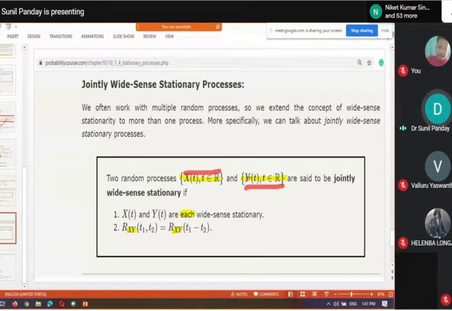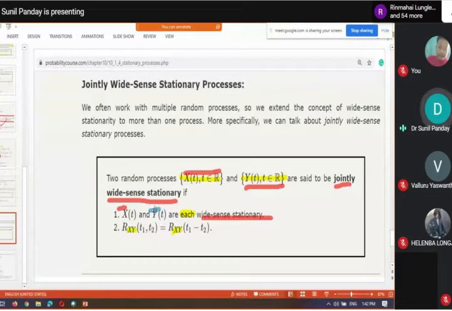And when we say the two random processes are wide sense stationary, the two random processes xt, t belongs to R, and yt, t belongs to R, are said to be jointly wide sense stationary if xt and yt are each wide sense stationary. It means for xt, the mean function is constant and its autocorrelation function is a function of time difference.